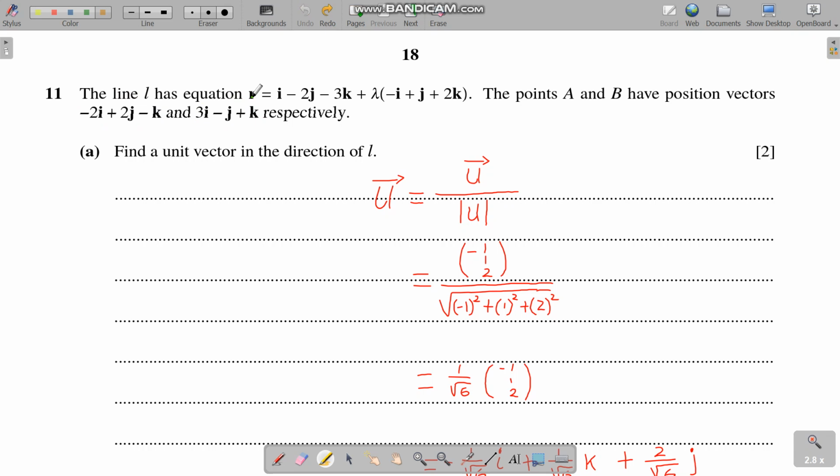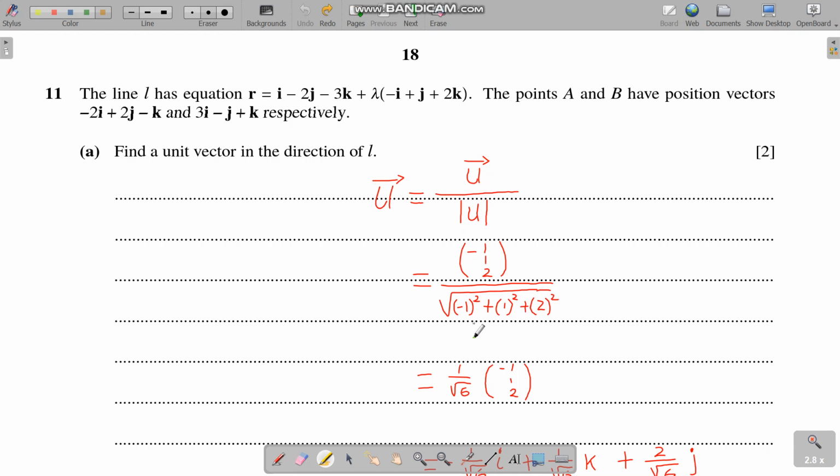So unit vector means the vector divided by the magnitude. In the direction of L, we have to use the line direction, which is (-1, 1, 2). To find the magnitude, we use the square root of each component squared, which is 1 plus 1 plus 4, so 6, root 6.